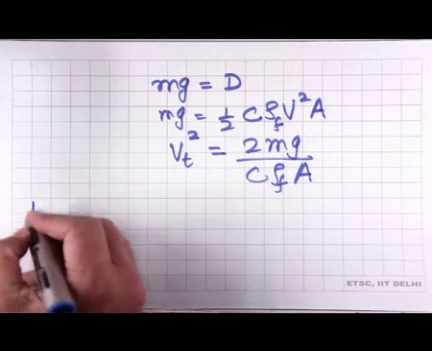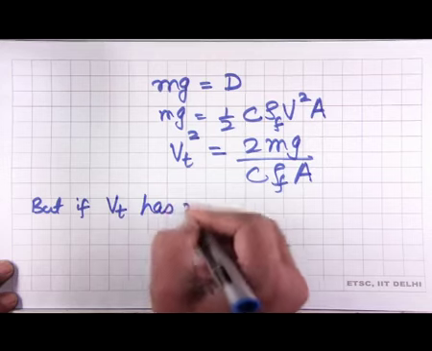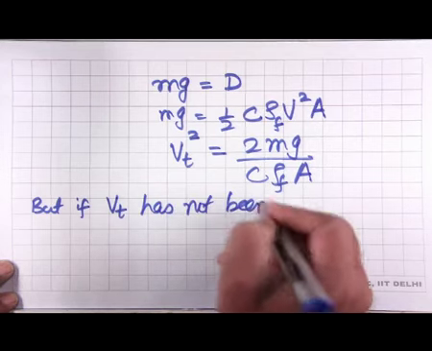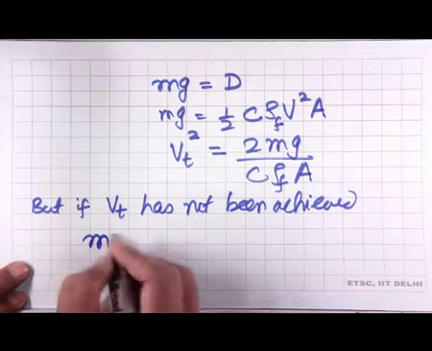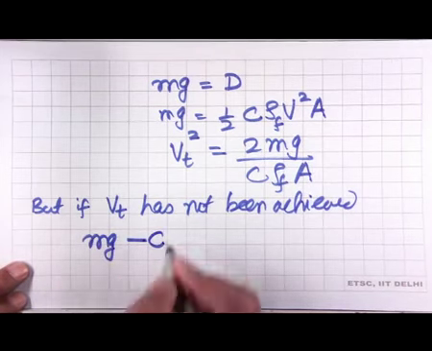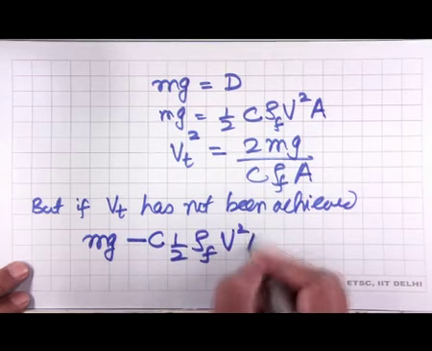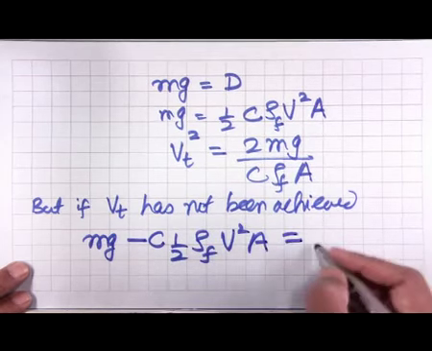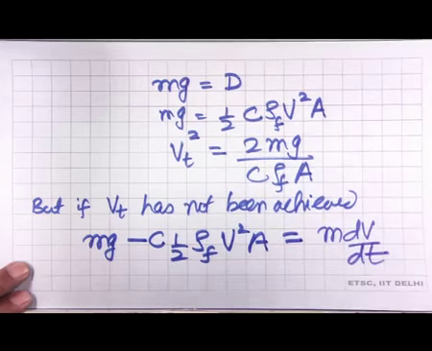But if Vt has not been achieved, then we still have mg minus C times half rho f v square times A is equal to mass times acceleration, which is equal to m times dv by dt.